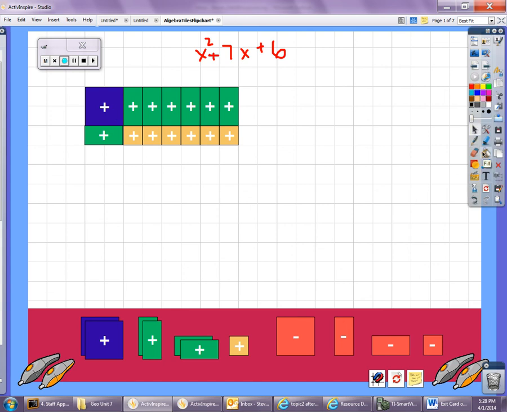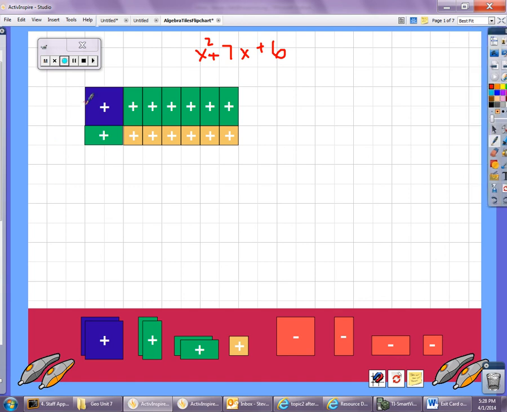This shows me what it should factor into. Looking at the length and width, here's an x, and then a 1 along the ones place. On this side, the length is one green across, so that's an x, because remember, x squared comes from x times x. Then all the way across I can count 1, 2, 3, 4, 5, 6 places.